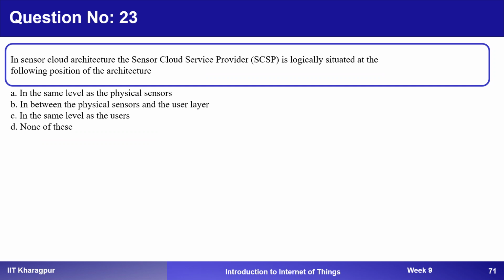Next question is, in sensor cloud architecture, the sensor cloud service provider is logically situated at the following position of the architecture. Option A is at the same level as physical sensor, B is in between physical and user layer, C is at the same level as the users, none of these. Option B, in between the physical sensor and user layer.